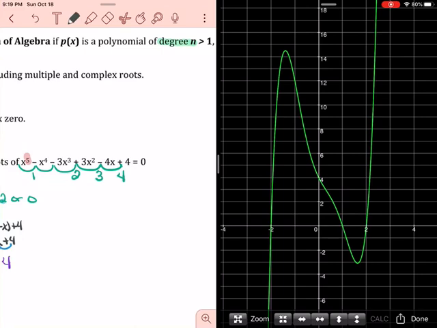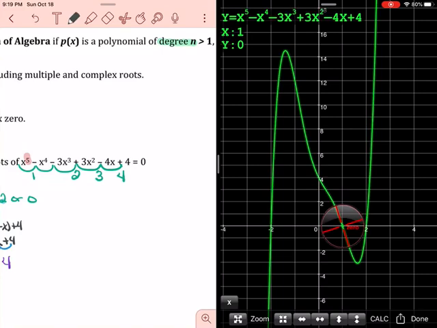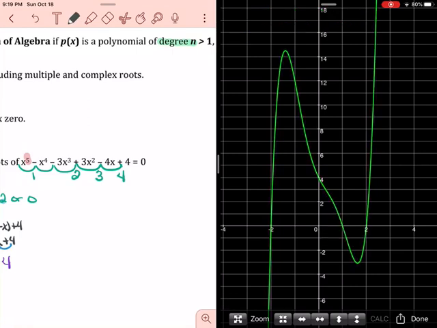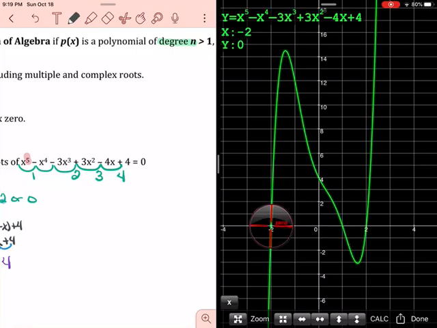Okay, I see 3 places where it crosses the axis. Here, here, and here. Okay, so I see 2, 1, and -2. All right, so that at least gives me 3 out of my 5 zeros, and we still need to find the other 2.